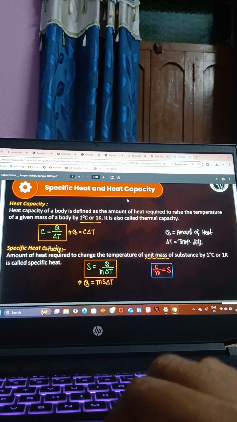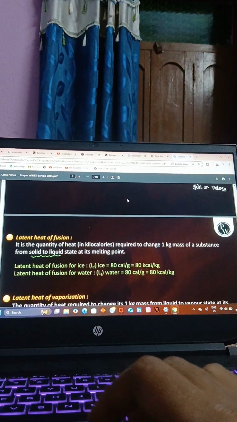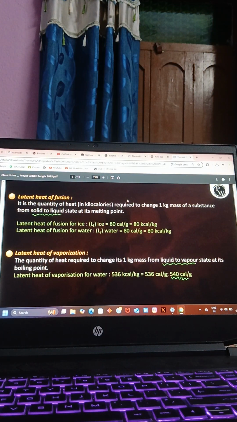Latent heat: the heat required to change the state of unit mass depends on the nature of the substance and is called latent heat of the substance. Delta Q equals M into L, where L represents the latent heat. Latent heat of fusion is the quantity of heat required to change 1 kg mass of a substance from solid to liquid state at its melting point.